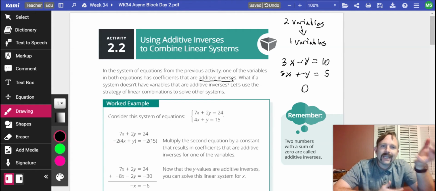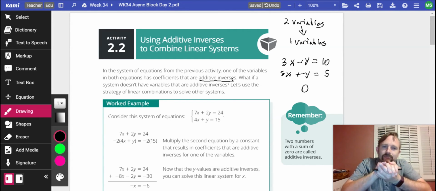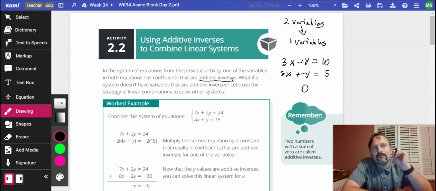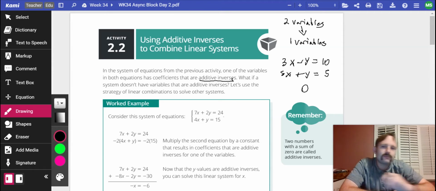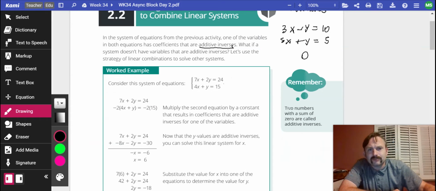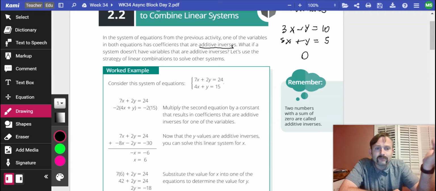So now what if we can't add them together like that? Well, we can trick it. We could switch it up by modifying the equations. All right, so remember, that's what we just talked about. Negative y plus y equals 0. 5 minus 5 is equal to 0.